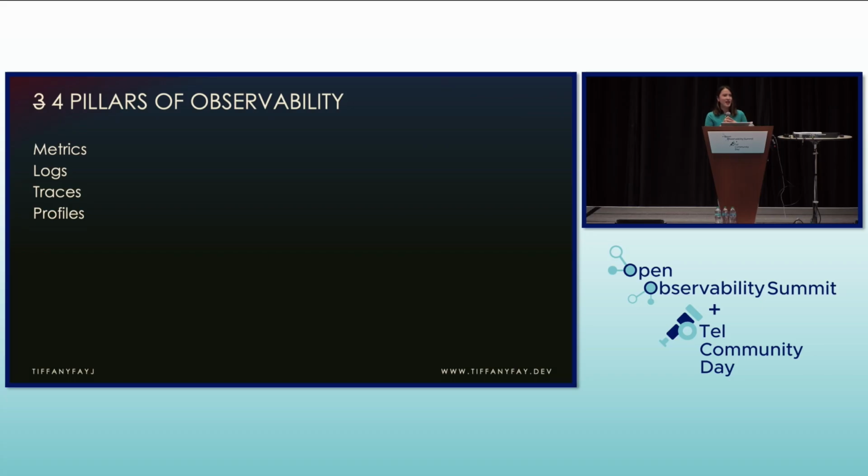Who here has heard of people talking about profiling being the fourth one? OK, a few people. That's newer, and you can see things like flame graphs. I'm not going into that now, but it's pretty cool to look into. Obviously, we have the other ones: metrics, logs, and traces.